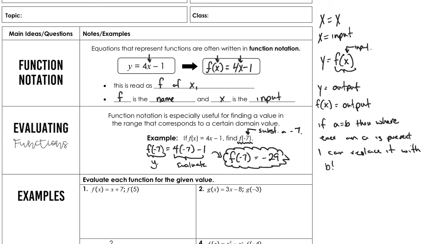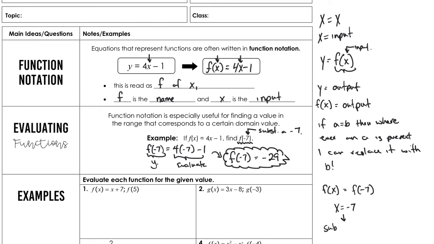So if we had f of x, and we know that's equal to f of negative 7, claiming that these two notations are the same, then that means that x must equal negative 7. So if x equals negative 7, this is where that substitution comes in.